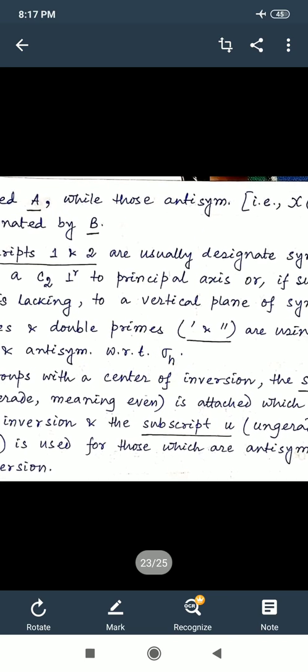Next, point number 5. In groups with a center of inversion, the inversion center being the small i, the subscript g, that is gerade, means even.